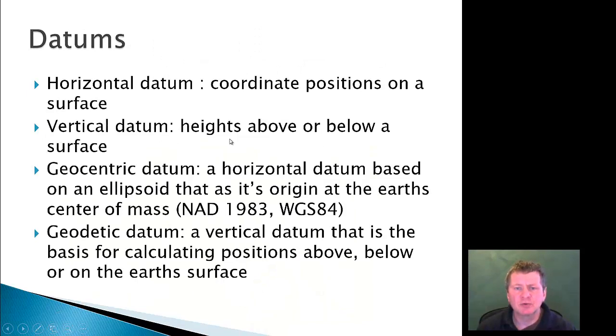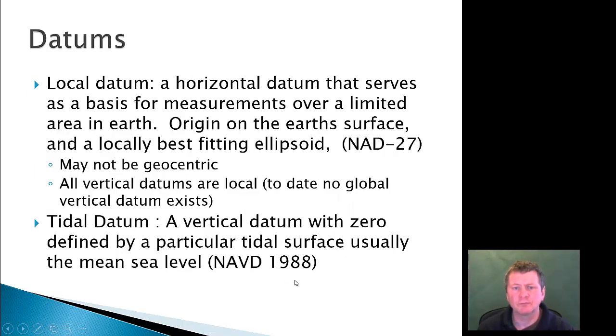So vertical datums would be heights above or below a surface, and horizontal datums would be coordinate positions on that surface. We have geocentric datums based on the ellipsoid and the Earth's center of mass, and geodetic datums, which are vertical datums, the basis for calculations above and below the Earth's surface.